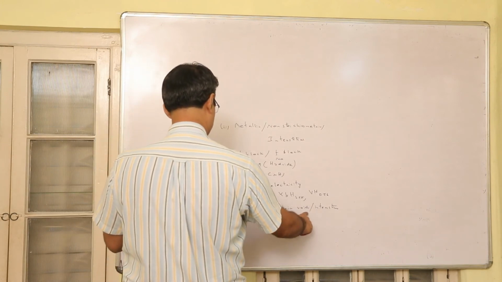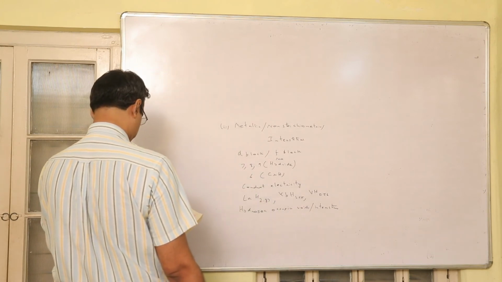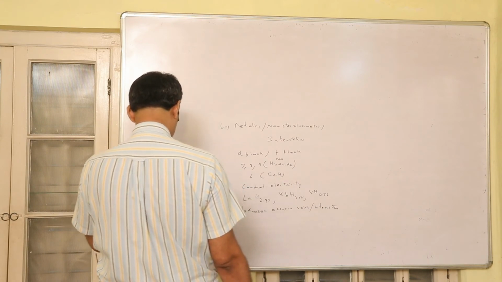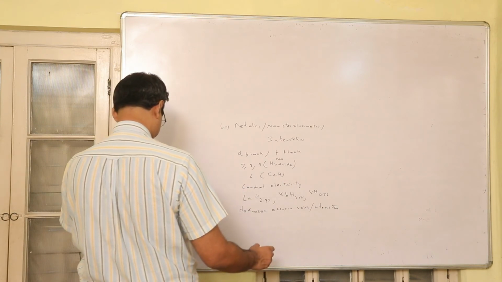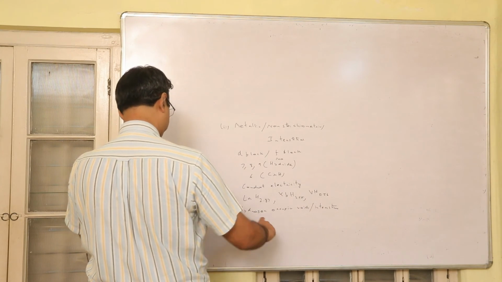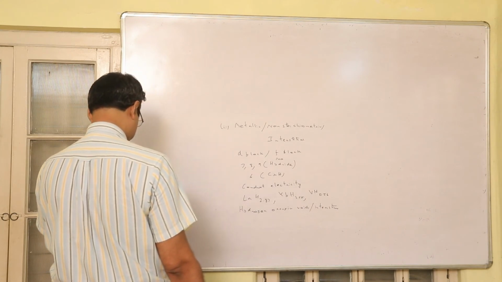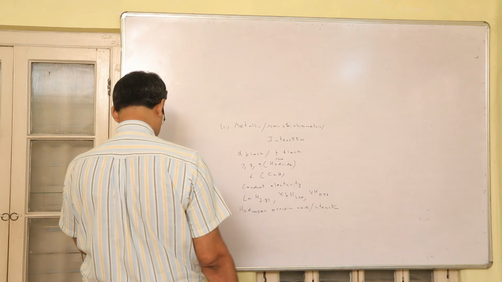So hydrogen occupies voids, or you could say it occupies interstices. Due to the fact that hydrogen is occupying the interstices, it is disturbing the stoichiometry.